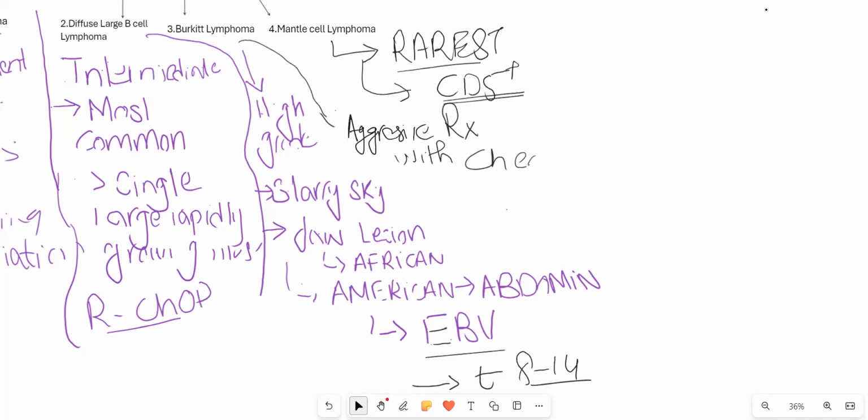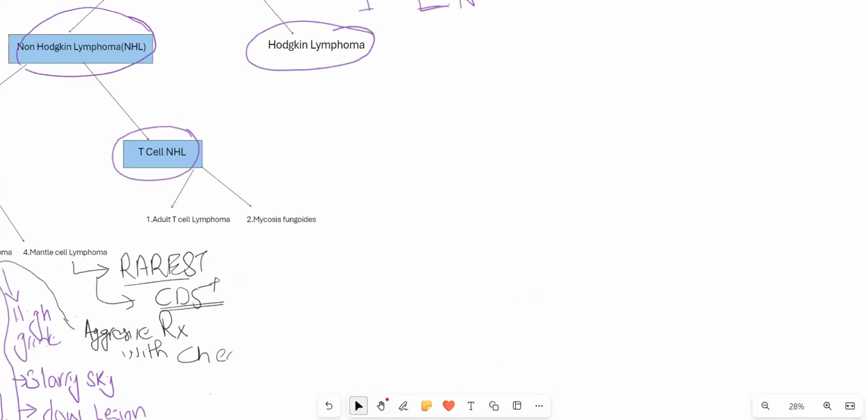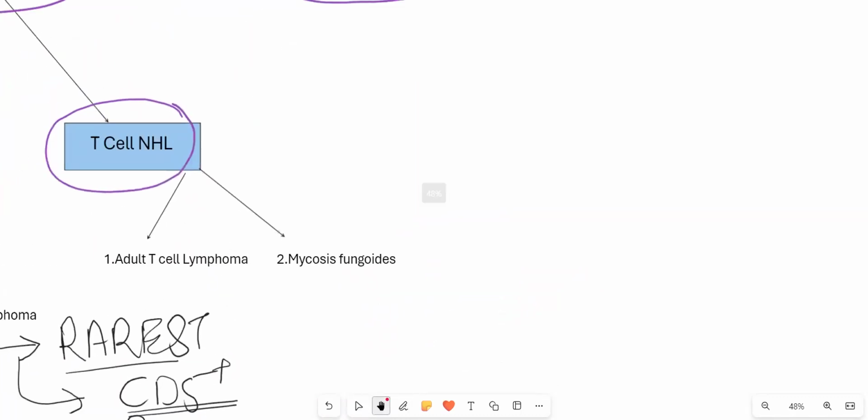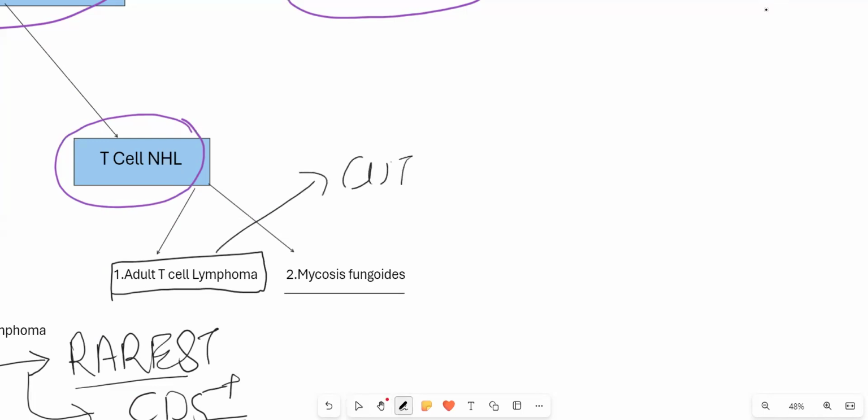Now we're going to discuss the T cell non-Hodgkin lymphoma. T cell non-Hodgkin lymphoma is divided into two types, adult T cell lymphoma and mycosis fungoides. Adult T cell lymphoma basically presents with cutaneous lesions.